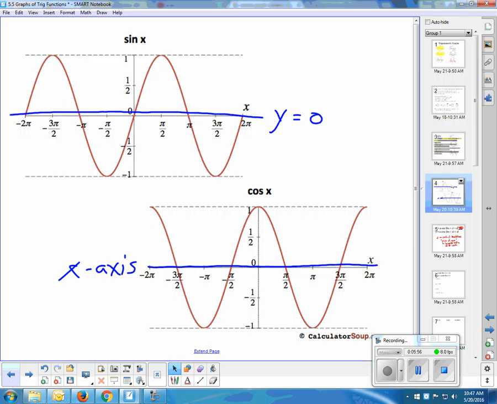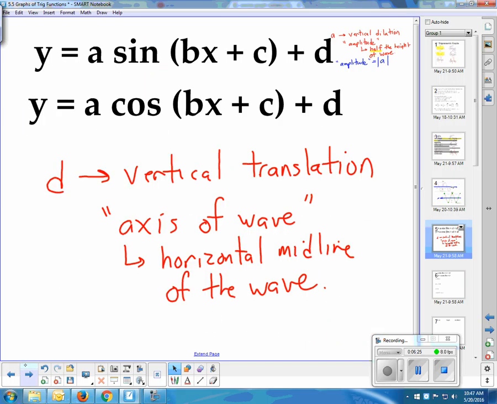Along with the amplitude, what it really has an effect on are the maximums and minimums. When graphing transformed functions, we do tend to focus on the maxes, the minimums, as well as the zeros. Those are the key points to making a graph. If you can get your maxes, your mins, and your zeros transformed into the right place, you will have a pretty accurate graph, and that will suffice in most cases. Not all, but most.